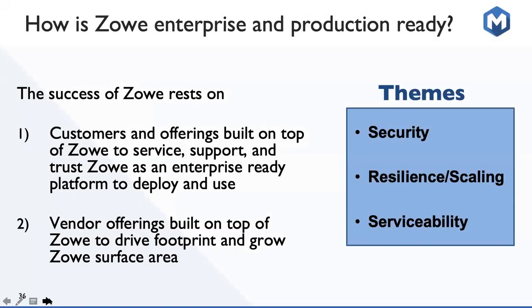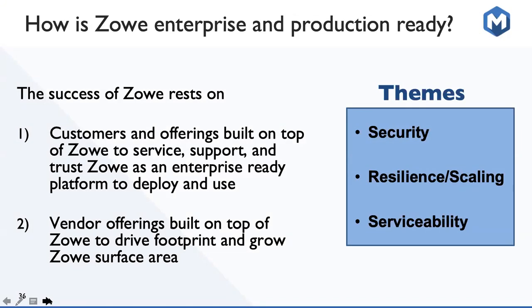I'm here to talk about how Zowe is enterprise and production ready. The themes here of this presentation are security, resilience and scaling, and serviceability. However, the previous two presentations by Rose and by Bruce are critical components of making software enterprise and production ready.